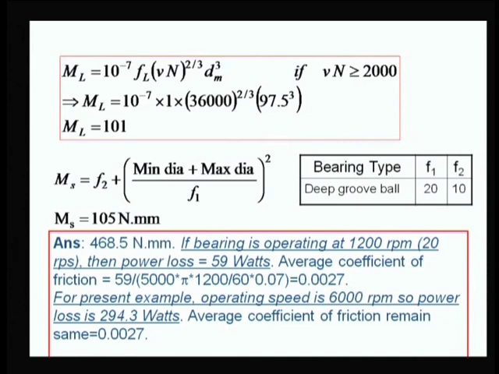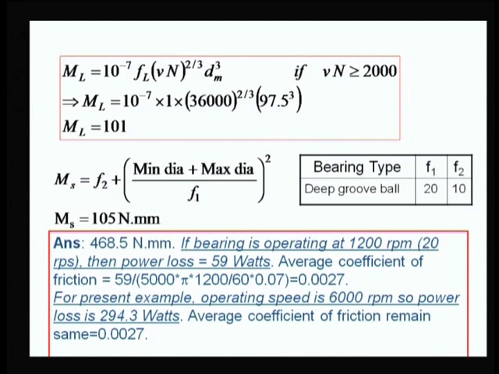To get a feel of the power loss due to this bearing, we can think about the rotational speed of the bearing, which in this case is given as 6000 rpm. Now if we use 6000 rpm, there will be a lot of friction loss. If I assume the operating speed is reduced to a slightly lower level, 1200 rpm, even in this case there is a loss of 59 watts.